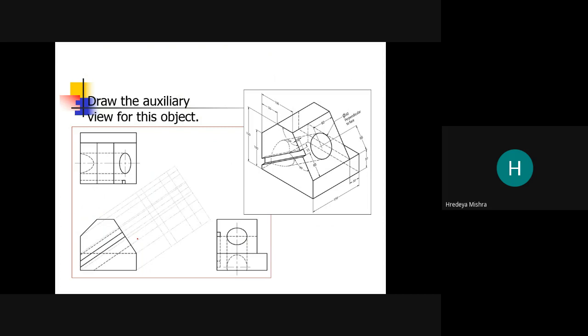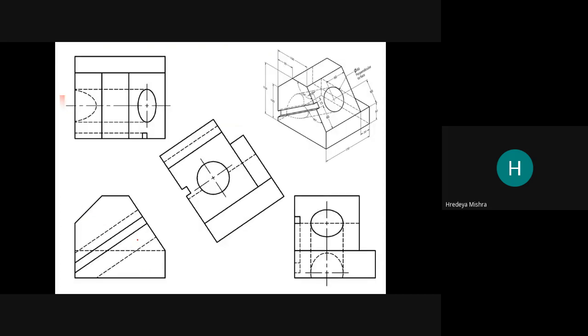There are two inclined surfaces represented in the front view. So here you can see this is our oblique auxiliary view. So here we can see the accurate circle or hole. See, this is an elliptical shape. But in this auxiliary view, we can see the accurate circular hole.